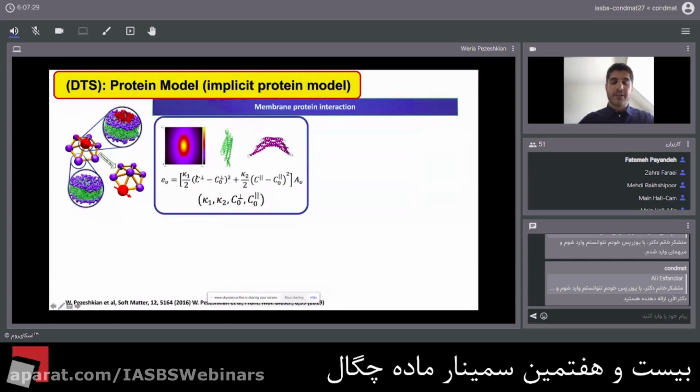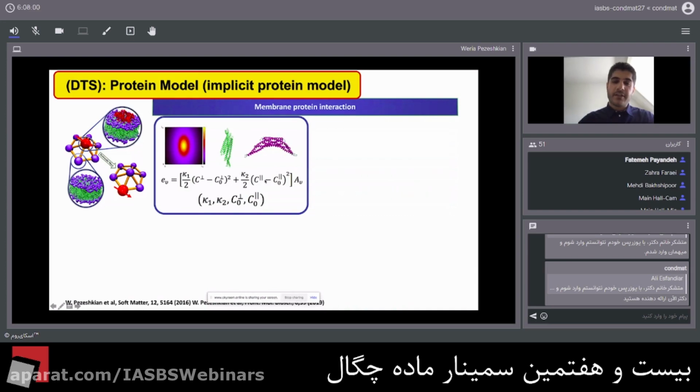K1 somehow tells you how much energy penalty exists if the membrane deviates from the curvature preferred by this protein, which is this C0 number. And this one is for parallel to that orientation, and this is for perpendicular to that orientation.